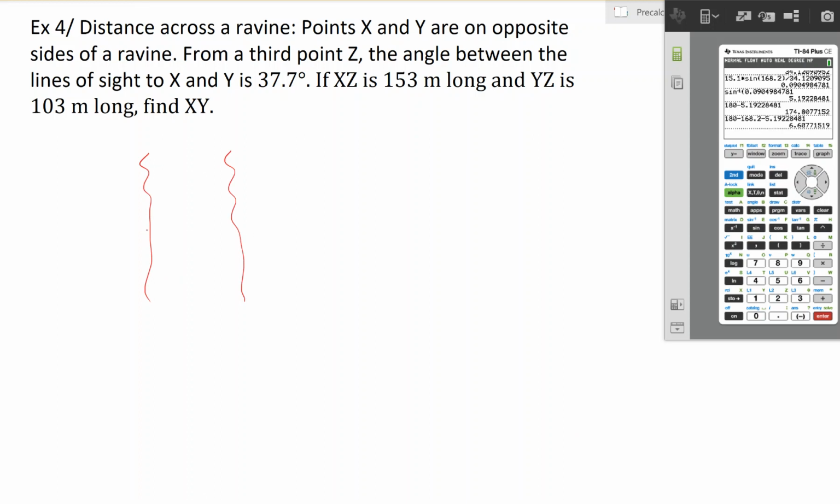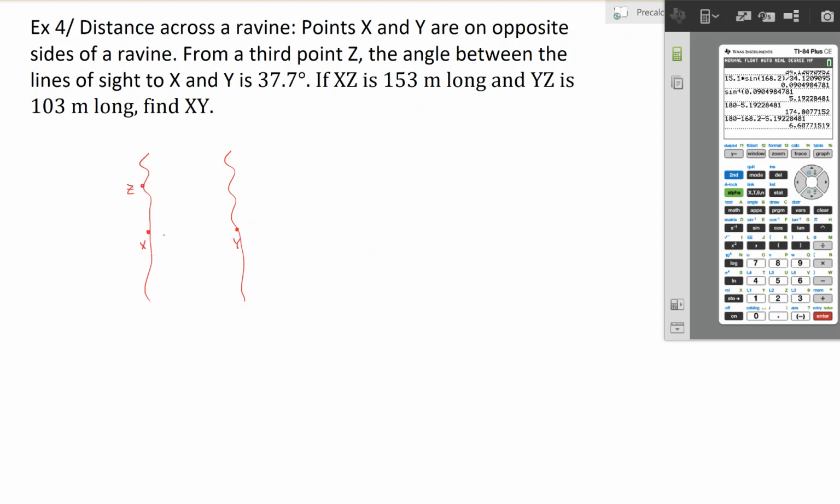Points X and Y. So this is X, and here's Y. Points X and Y are on opposite sides of a ravine. From a third point Z, okay, we'll say Z is up here.